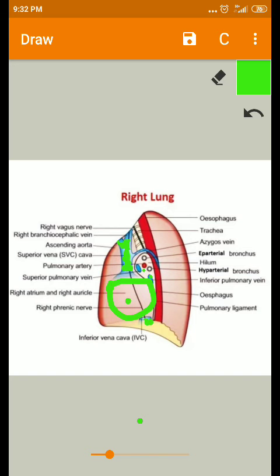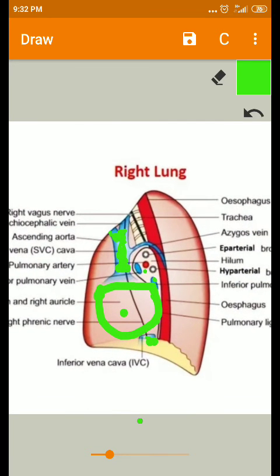So this surface is related to the right atrium. On the anterior aspect you have seen the brachiocephalic vein, superior vena cava, and inferior vena cava, and these two end up in the right atrium.